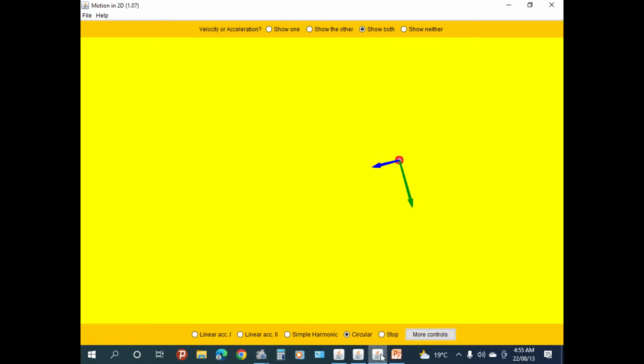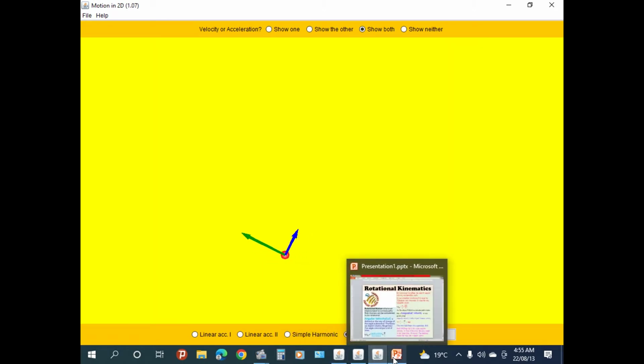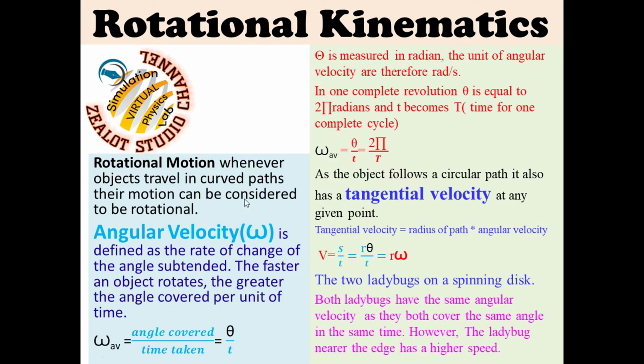Now this is the time to discuss rotational kinematics, that is rotational motion. Rotational motion means whenever an object travels in a curved path, its motion can be considered rotational.